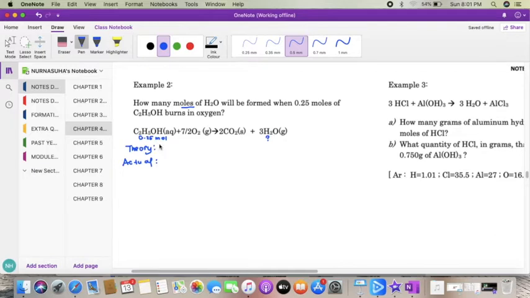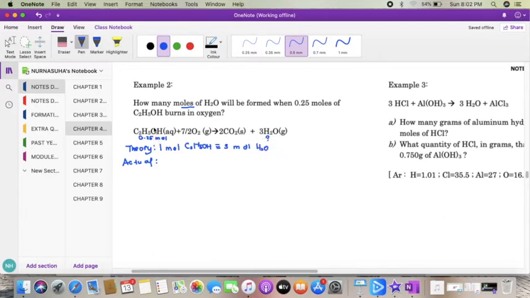So, according to the theory, the equation given in the question is already balanced. So, tak perlu nak balance lah. Based on the balanced chemical equation, 1 mole of ethanol, C2H5OH, will produce 3 mole H2O.